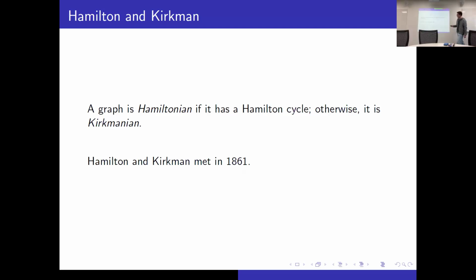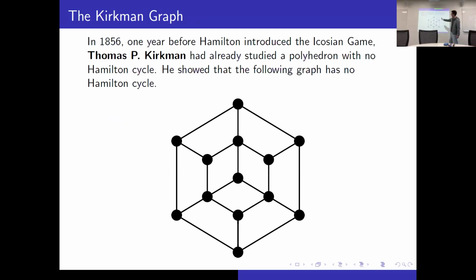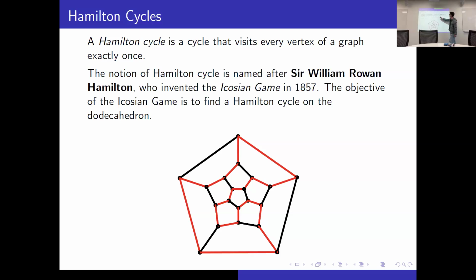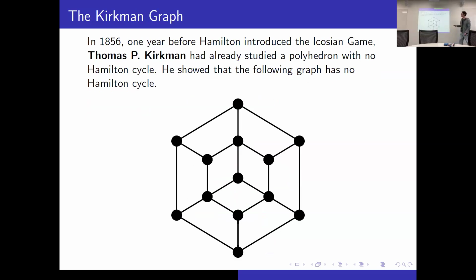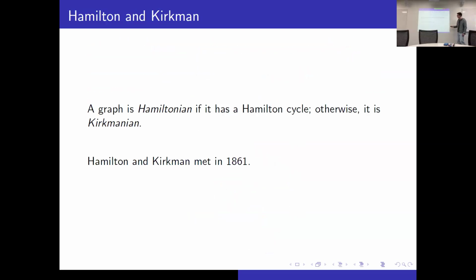Kirkman's paper appeared in 56, and the Icosian game is 57, and they met in 61. Actually, Hamilton visited Kirkman. At that time, Kirkman was a rector of some high school. I'm not sure of the terms, but yeah.